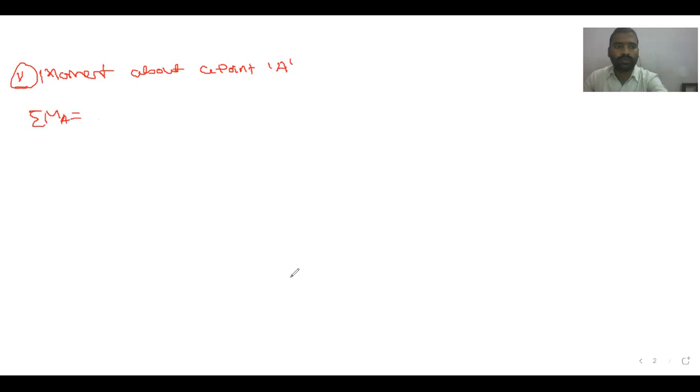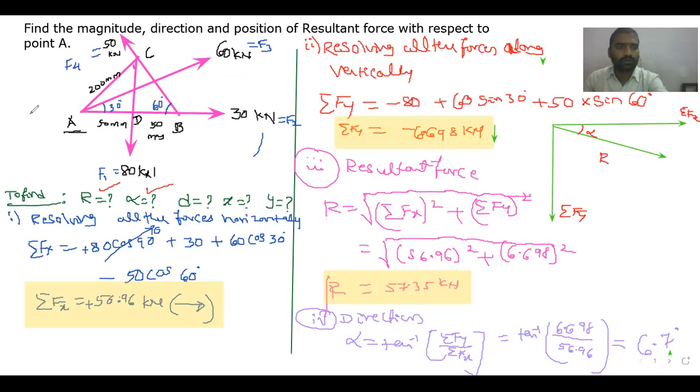First you have to fix this point A and apply the forces one by one. Consider there is no other force, only F1 is there. This F1 is rotating in the clockwise direction, so it is plus.